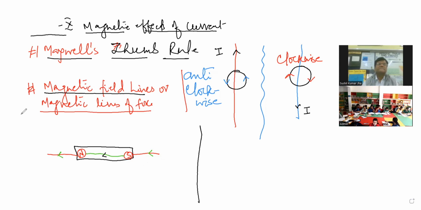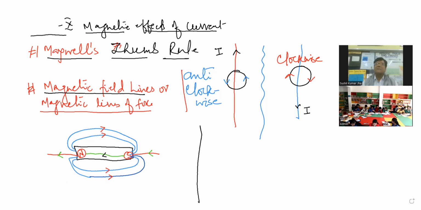And then we draw like this. While drawing these lines, again I am repeating, arrow marks should be given properly. Now try to understand, then you copy.